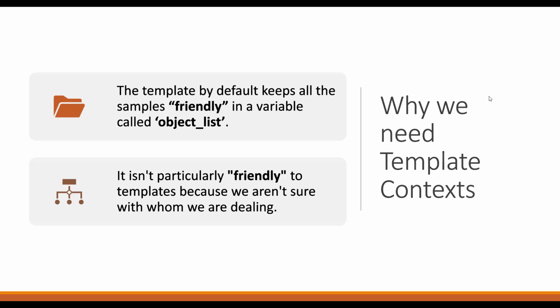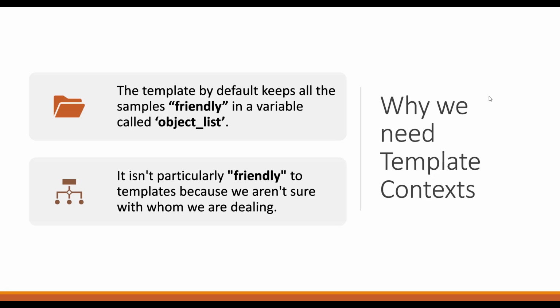I hope you all have observed in the last video that the template by default keeps all the sample friendly in a variable called object_list. Although this works perfectly, it is not particularly friendly to templates because we are not sure with whom we are dealing. For example, in the previous video, we discussed the extended generic views with the help of a CRUD example, and I think you have observed that when I am printing the list of the users, at that time I pass the list variable object_list to the template.